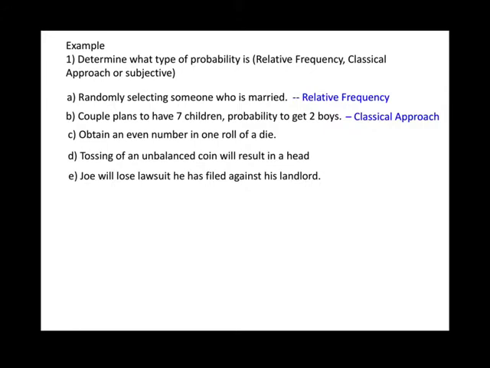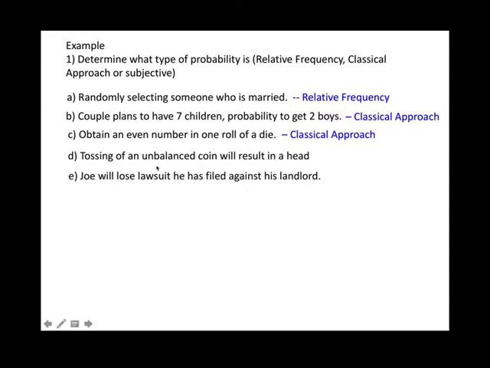And C, obtain an even number in one roll of a die. So when I roll the die, I want to get an even number. Again, it can be done by calculation, so classical approach. D, tossing an unbalanced coin will result in a head.